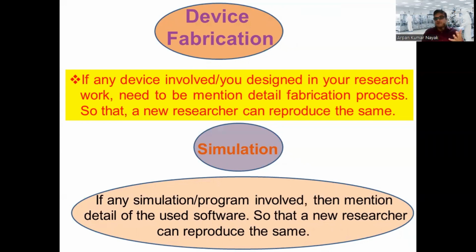The next part is simulation. Those who are doing theoretical work can write simulation directly, instead of a synthesis method. Those who are doing experiment plus theory can also write the simulation part.